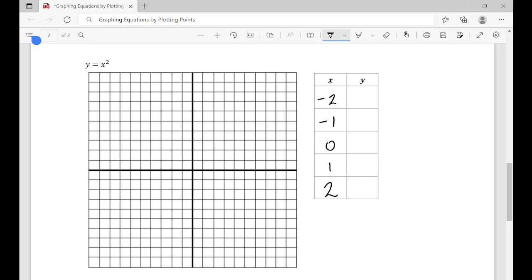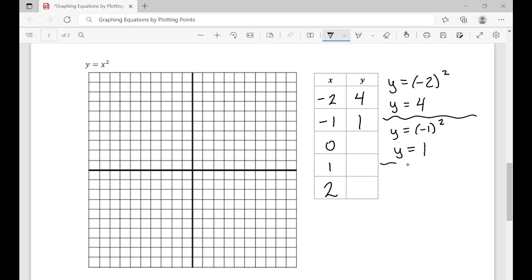And now I'm going to plug each one into the original function and see what we get. So first one is negative 2, so y equals negative 2 squared. Y is going to equal positive 4, so that's my first value. Do it again for negative 1. Y equals negative 1 squared, so y is going to equal positive 1. That one. Next is 0.